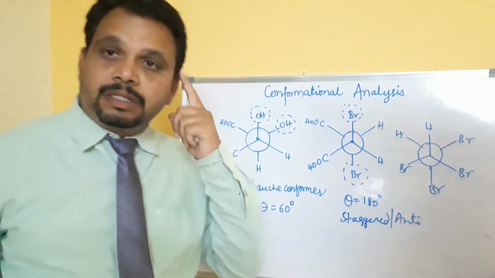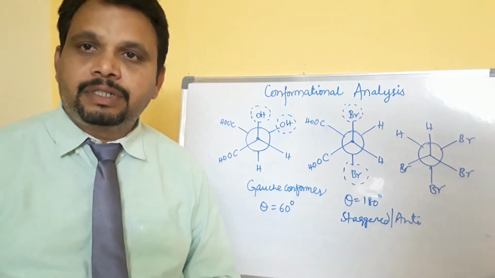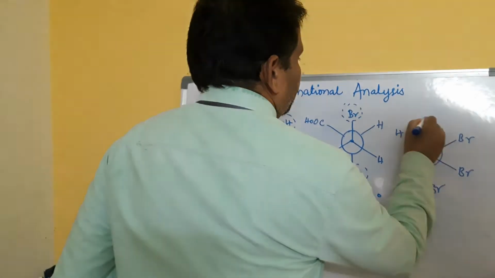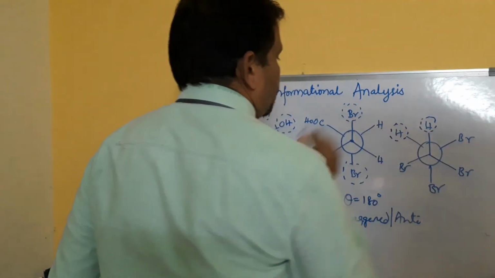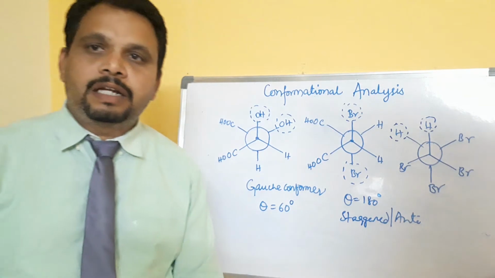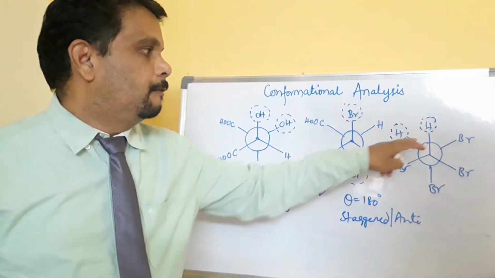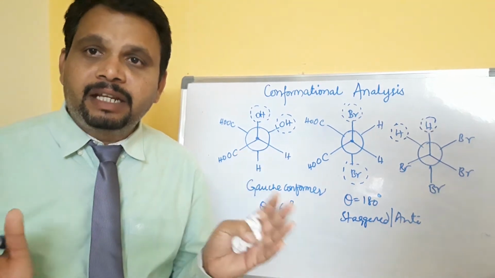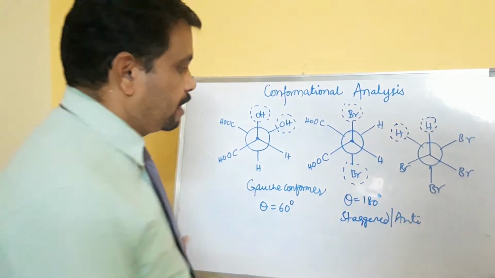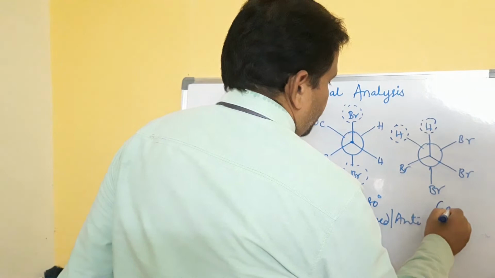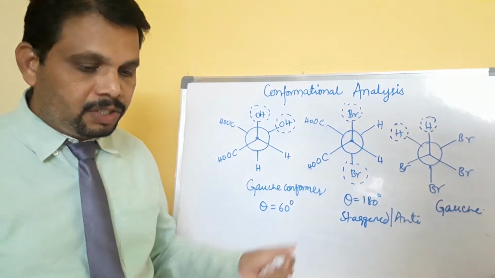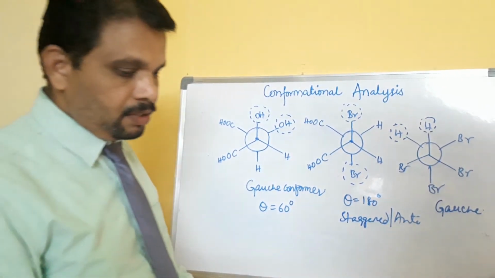The two hydrogen atoms have a 60 degrees dihedral angle. Therefore this can be considered as the gauche conformer. That is how you can give priorities.